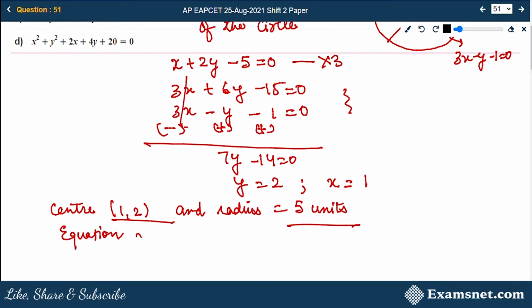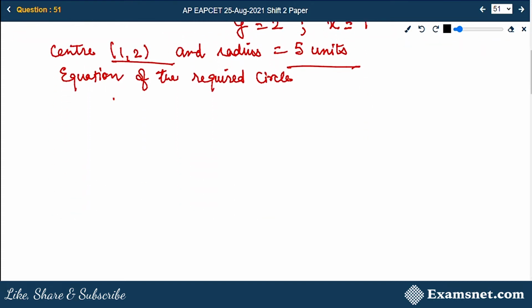Equation of the required circle is (x minus x1) square plus (y minus y1) square, where y1 is 2, is equal to radius square.